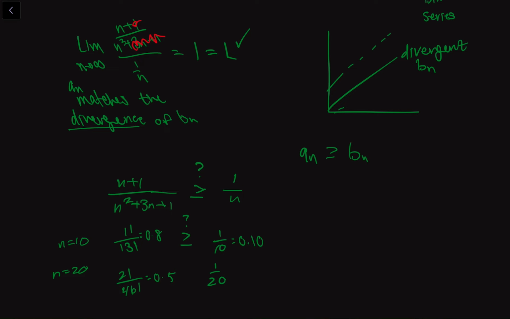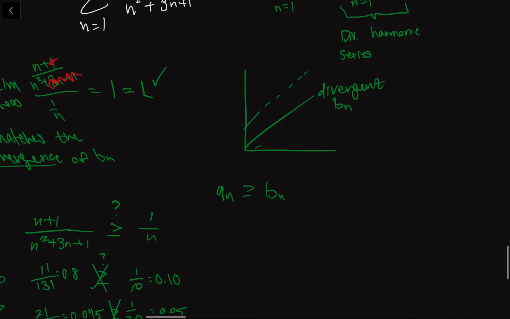And 1 over 20 is 0.05. Oh, well, in that case it worked, except I rounded wrong first of all, but if I didn't round it would have been that. And we can see that this is not greater than, and this one is not greater than. So basically, a sub n is not greater than or equal to b sub n. A sub n is less than b sub n for intuitively all terms, right?